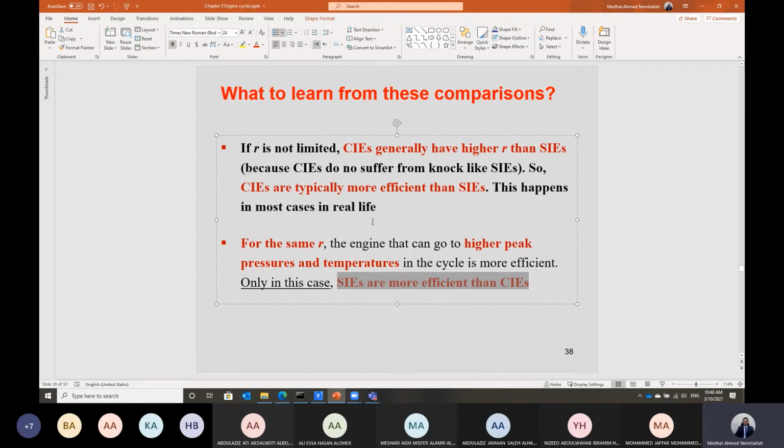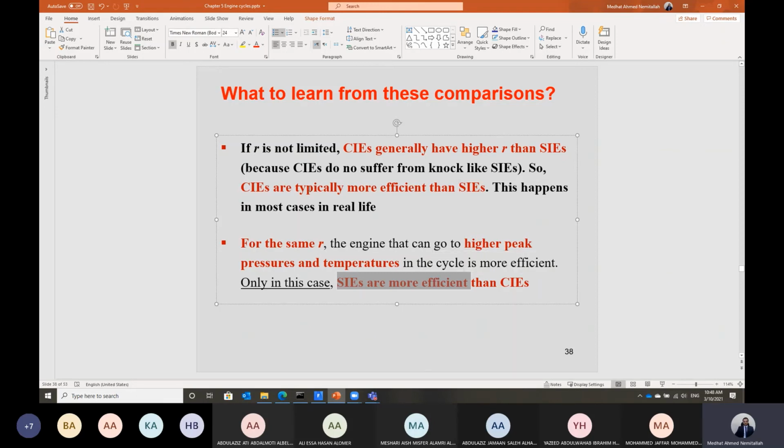But in any other case of comparison, other than the compression ratio, it should actually result in higher efficiency for the diesel engine when we compare it to the gasoline engine. So the only case in which the efficiency of the gasoline engine is greater than the efficiency of the diesel engine is when we have the same operating compression ratio.